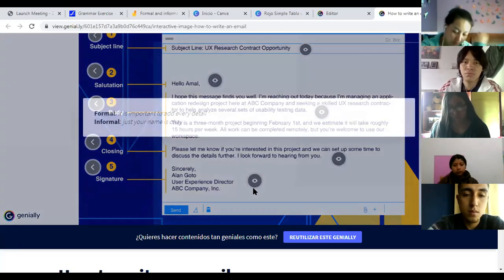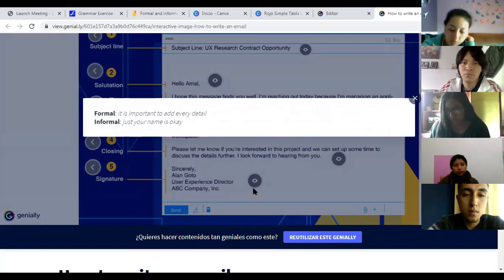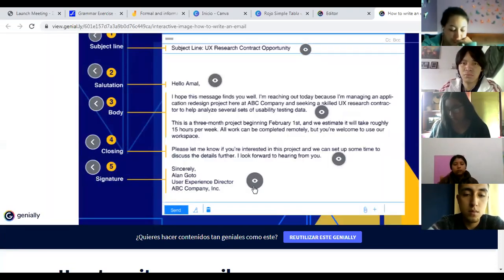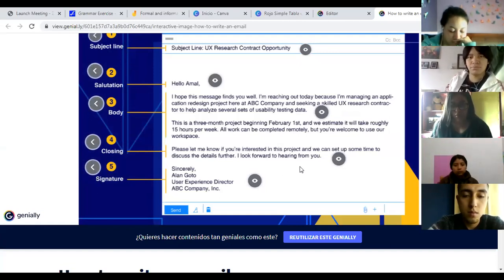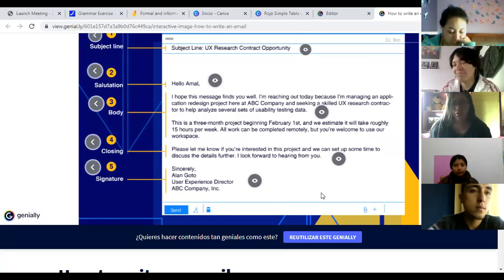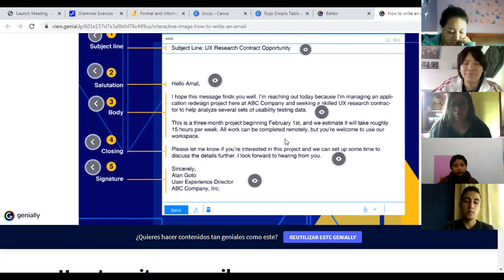But in informal, sometimes just your name is okay. Imagine if it's for a friend, you can even write your nickname. What nickname do you use when we play? The Bus. So you can put The Bus here, and it could be okay, because it's informal and it's for a friend. If it's not for a friend, I wouldn't recommend it. Okay, so that was how to write an email.